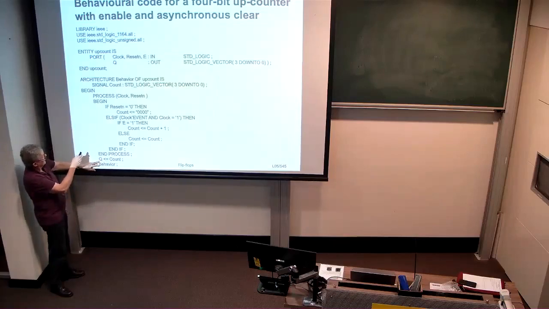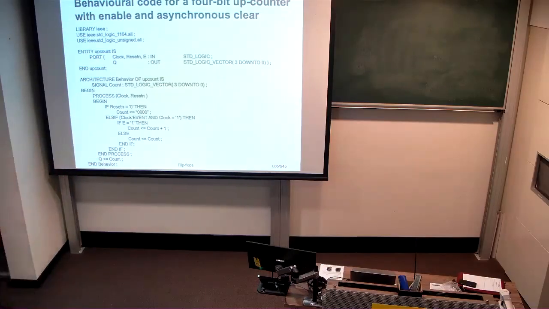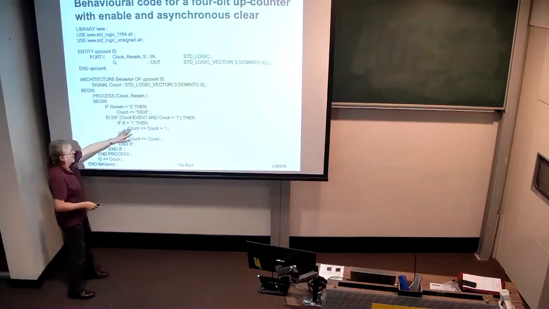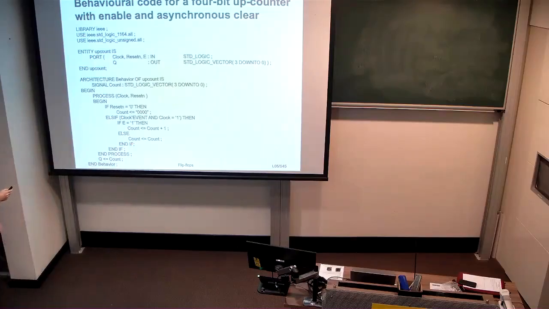Note we declare an internal signal, which is 4 bits large, called count. It's of type standard logic vector. And inside the process, we're going to be adding 1 to the count. Therefore, we have to include the unsigned package up the top here.